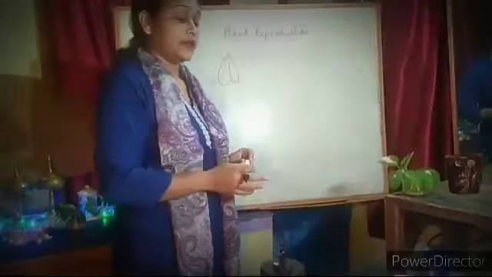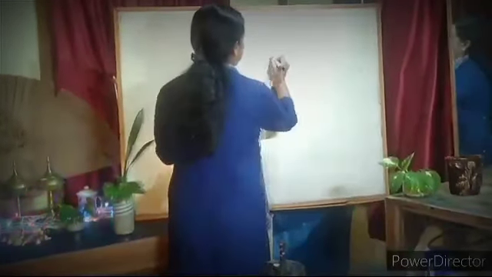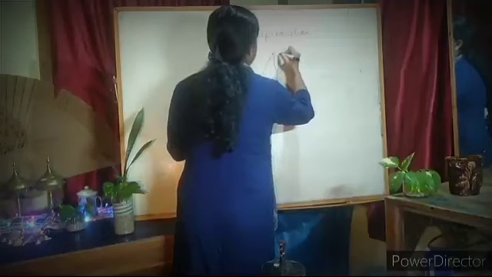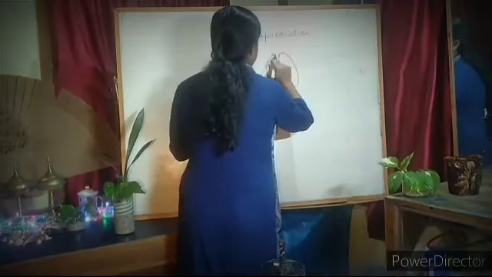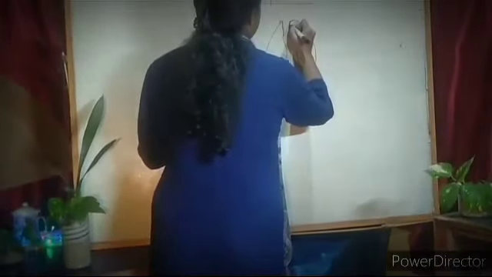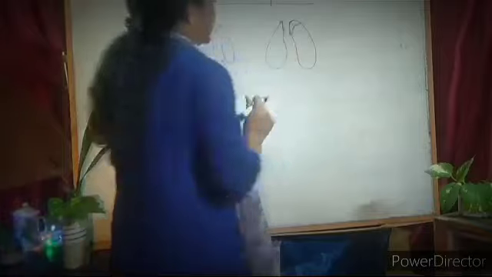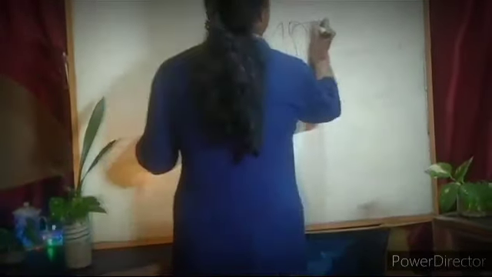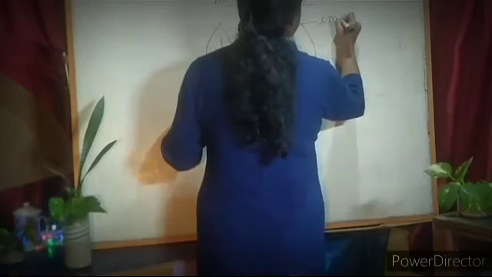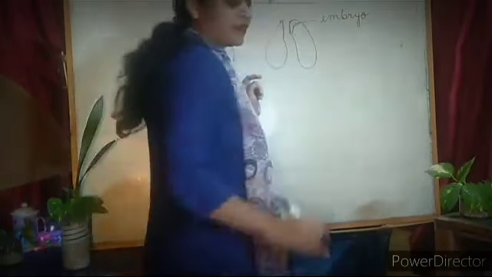Taking the example of the gram seed, when we peel the seeds, I told you we will get 2 cotyledons. If you observe the cotyledons carefully, you will see a tiny leaf-like structure at one end of the cotyledon. This leaf-like structure is known as the embryo.